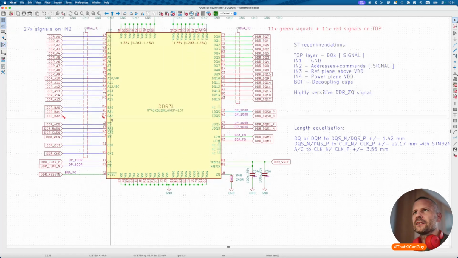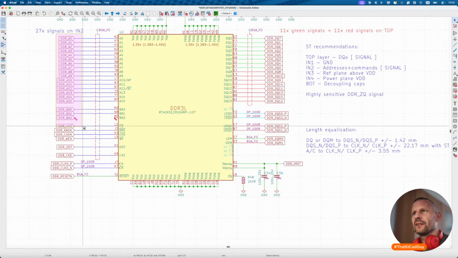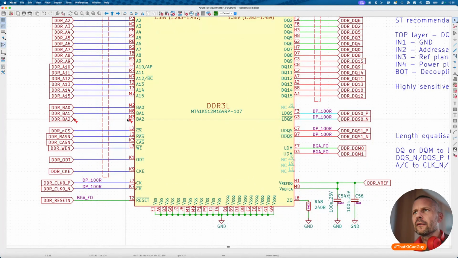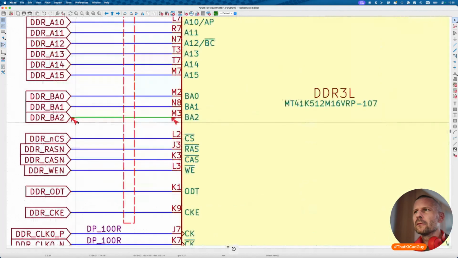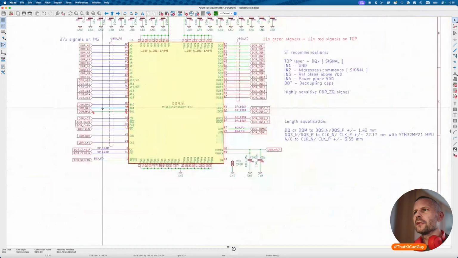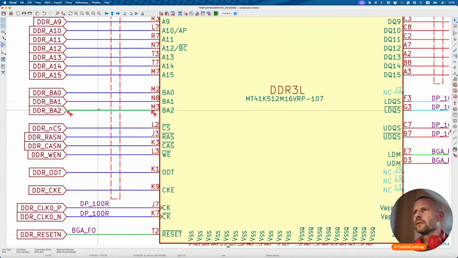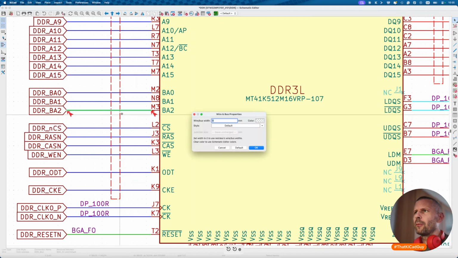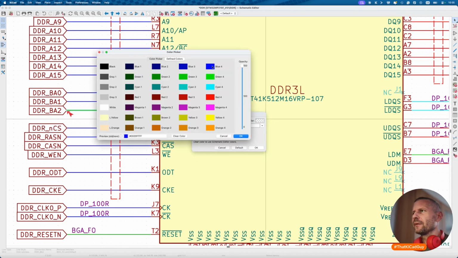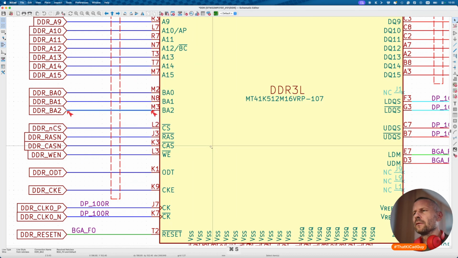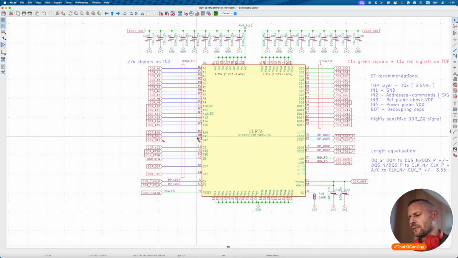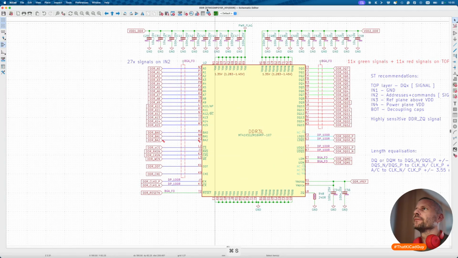And the AC signals, which are addresses, why is it missing? Why was that missing? So it probably means that it's missing in the PCB as well. I must have accidentally deleted it. But well, that's fine. That's fun.